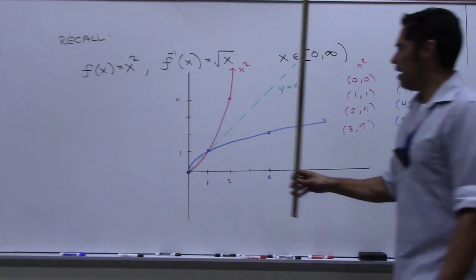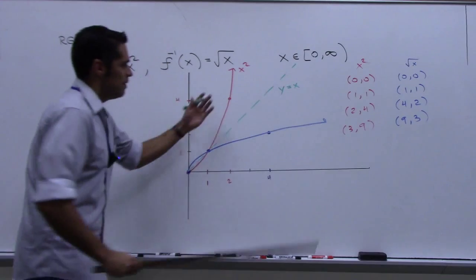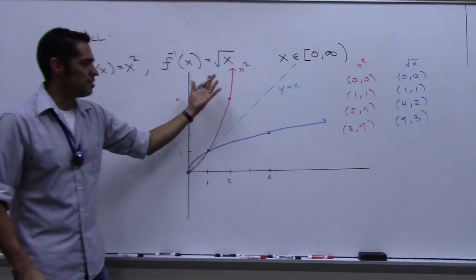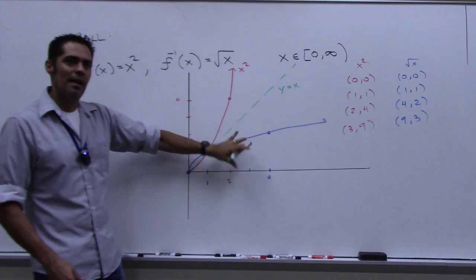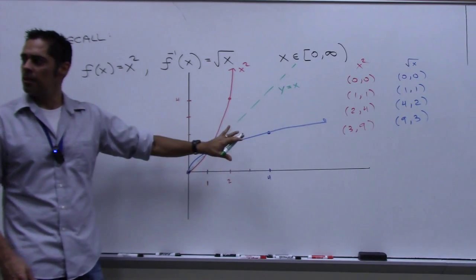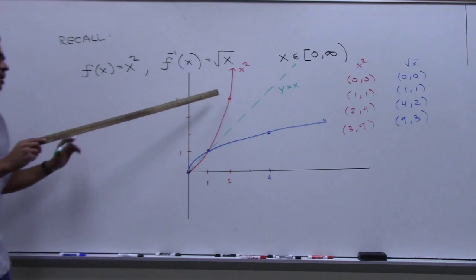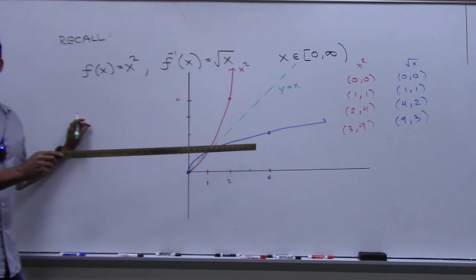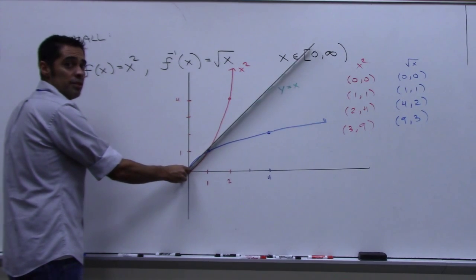If you were to tilt your head sideways so that the identity function is kind of up and down for you, these two look like reflections, don't they? Mirror images of each other over that diagonal. That is always the case when it comes to graphing a function and its inverse. A function and its inverse, when graphed, are symmetric to the identity, are reflections over the identity always.